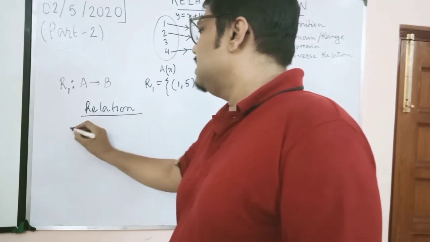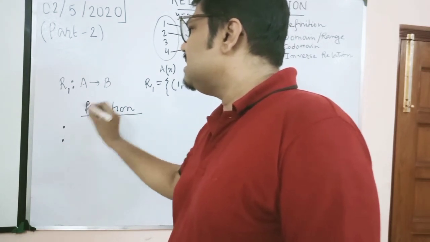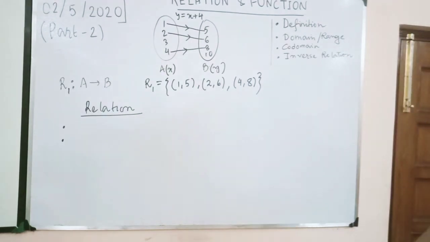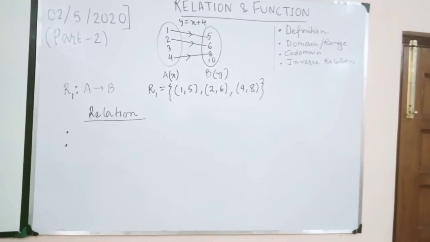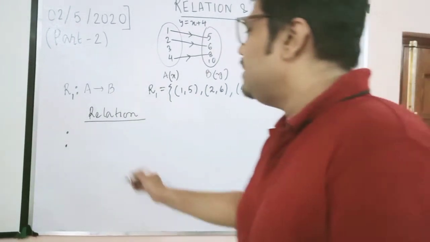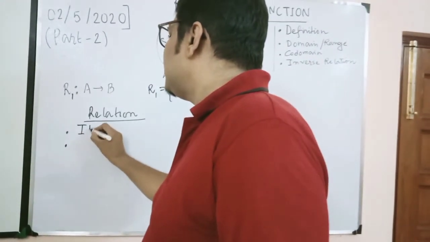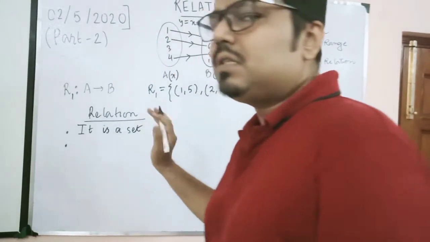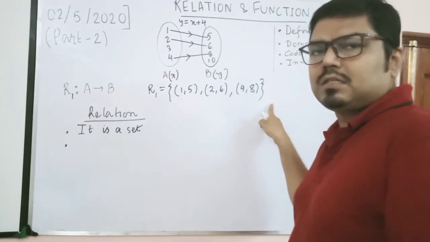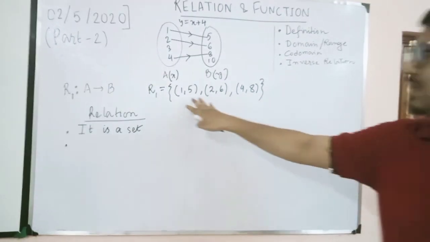So what is a relation? In simple sense, if you want to write what a relation is, we write that it is a set. Look at it, it's a set, but it's a different type of set.